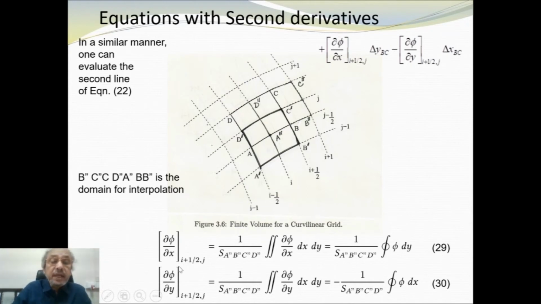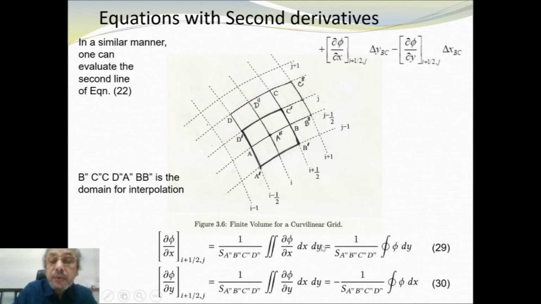So del phi del x at I plus half j is basically the double integral of del phi del x dx dy divided by the area of this new quadrilateral a double prime, b double prime, c double prime, d double prime.